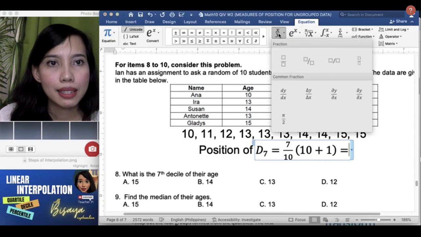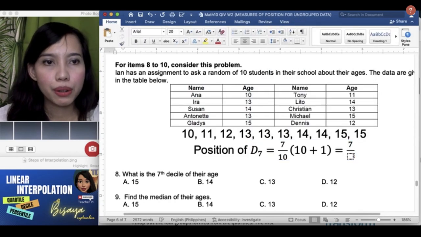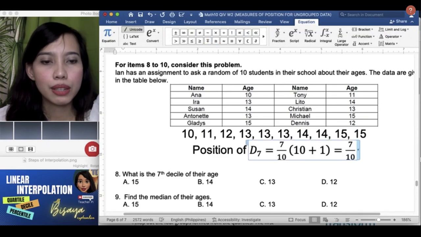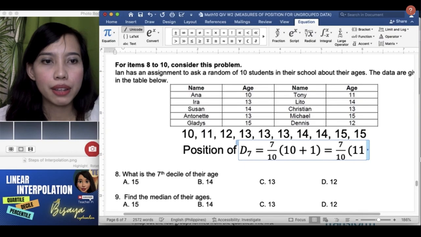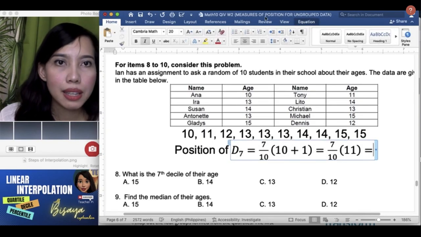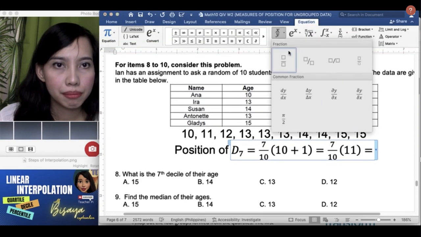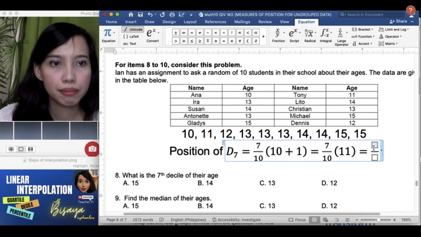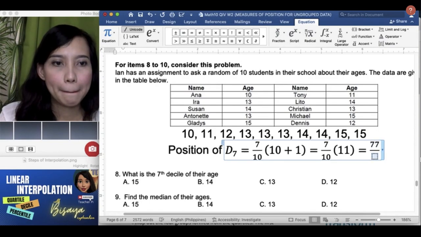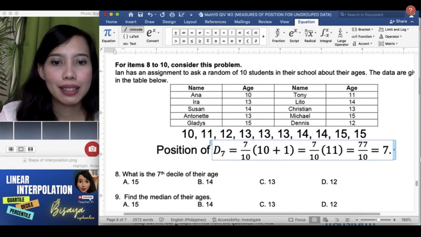That's 7 over 10 times 11. That will give us 77 over 10, which is 7.7.